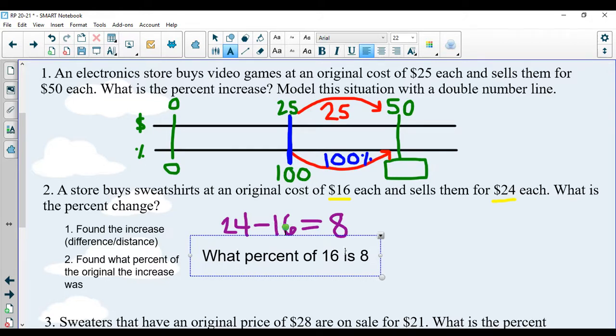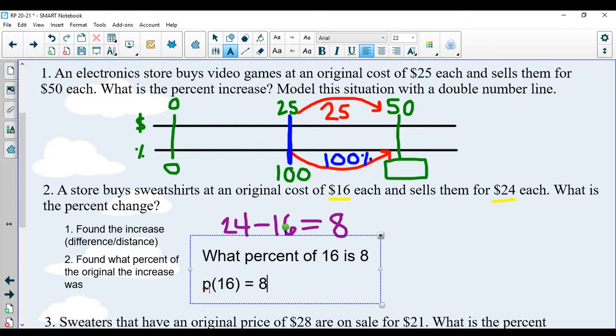The reason I'm using the 16 is because that's the original amount. It's what got the increase. So I need to know what percent of 16 this difference was. I could convert that into words by saying percent of 16, and I said what percent as a variable because I don't know, is 8.